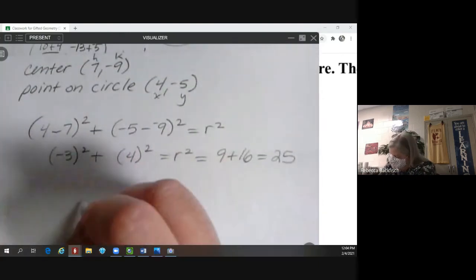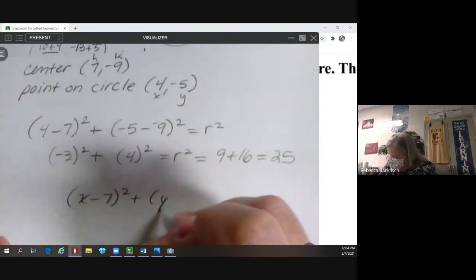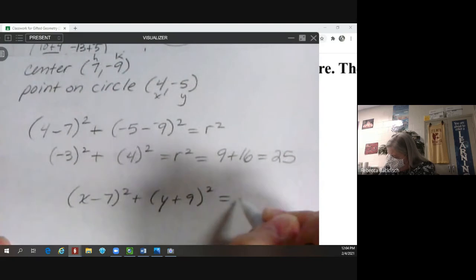So my answer for my equation is (x minus 7) squared plus (y plus 9) squared equals 25.